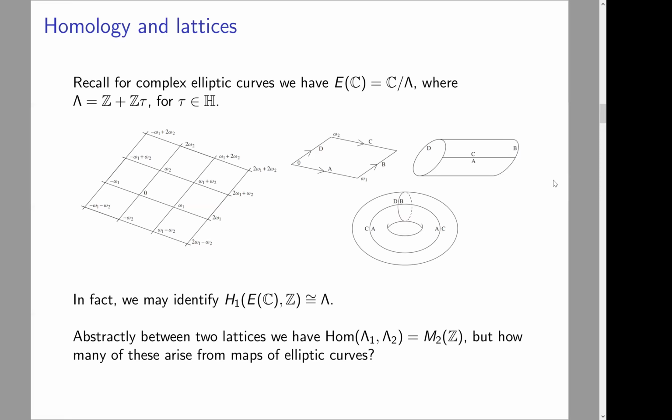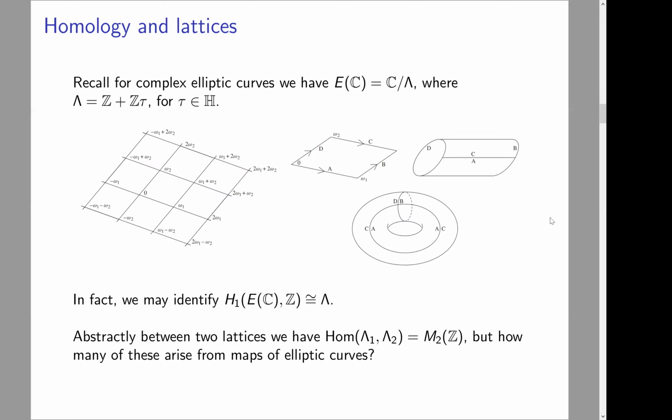So sticking with the complex picture, we've got C modulo a lattice. How do we get a map between two different elliptic curves? Well, recall last time we said, when we think about complex elliptic curves, we're thinking of them as complex Lie groups. So what sort of maps do we get between these complex Lie groups, where the group structure is just addition of complex numbers?